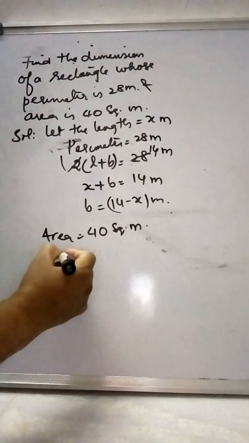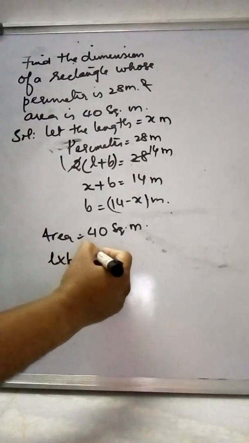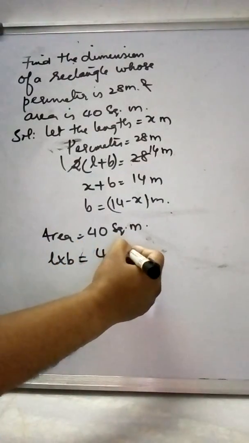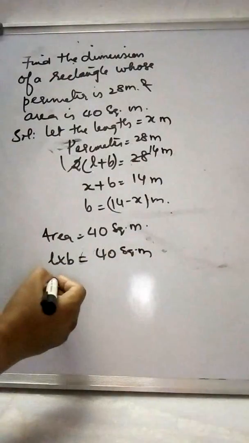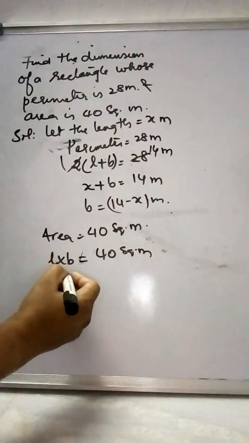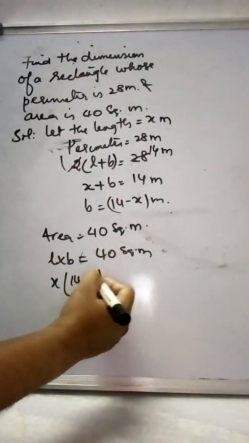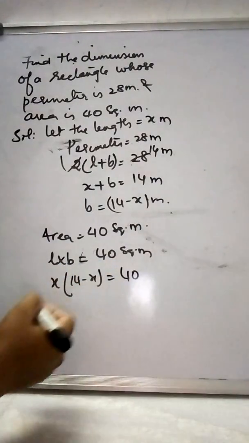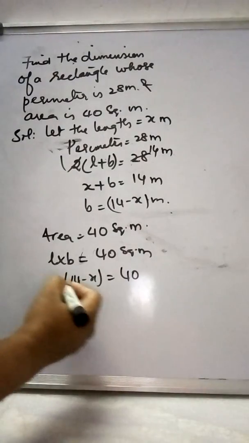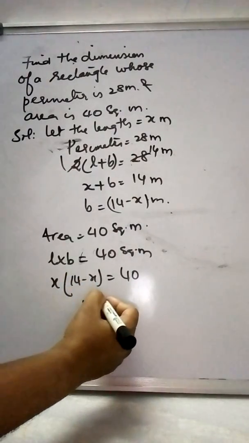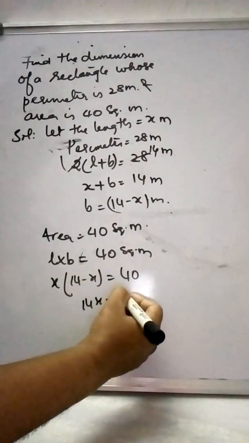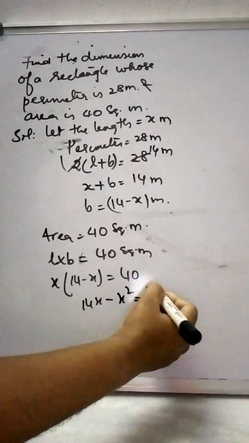So formula for area of rectangle is length into breadth is equals to 40 square meter. Length is x into breadth is 14 minus x, which is equals to 40. So when we multiply by x, 14x minus x into x will be x square is equals to 40.